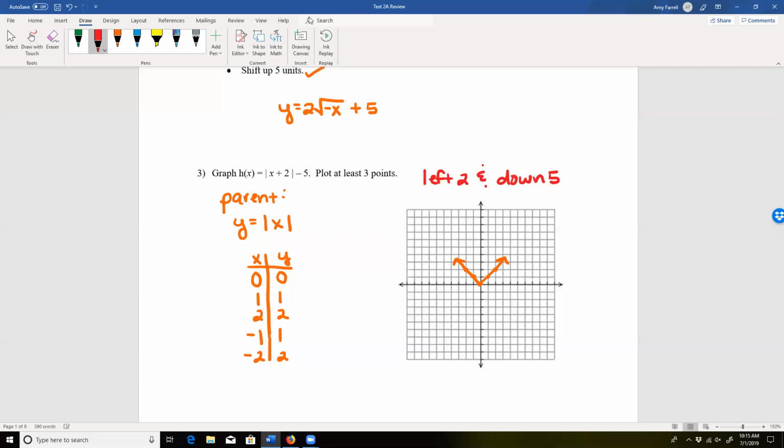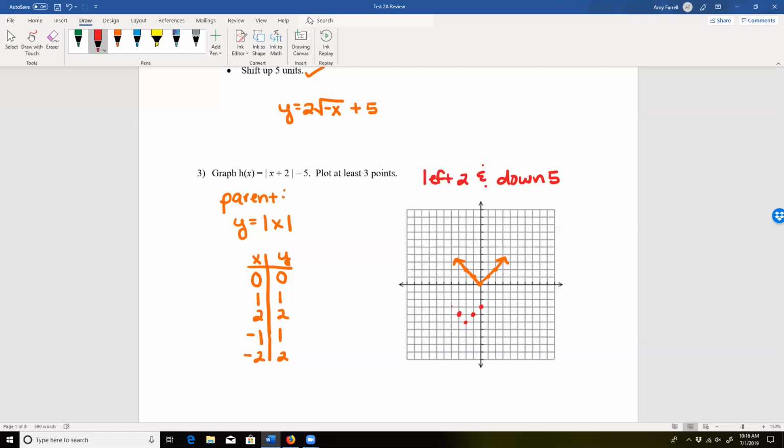So I'm going to move every point of my parent function left 2 and down 5. So I go left 2, down 5. Left 2, down 5. Left 2, down 5.